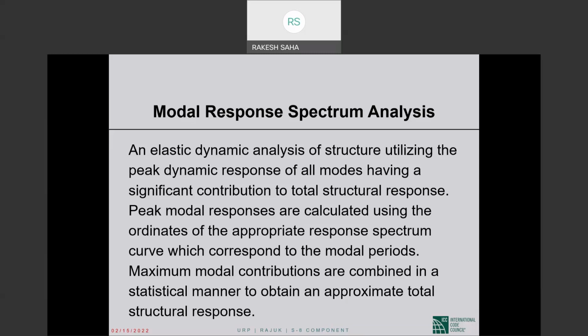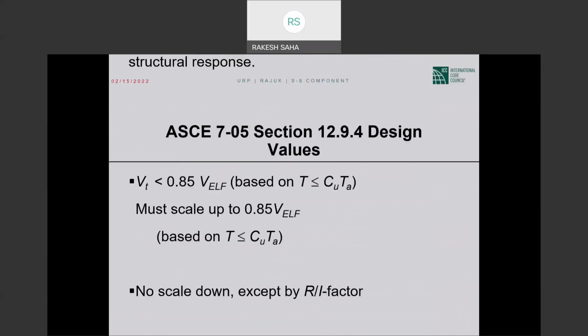So we take a statistical sum of the modal maxima, typically a square root of the sum of the squares. But if the modal periods are close together, then we have to go to more complicated sums, the CQC, complete quadratic combination. There are more complicated statistical sums that are available.